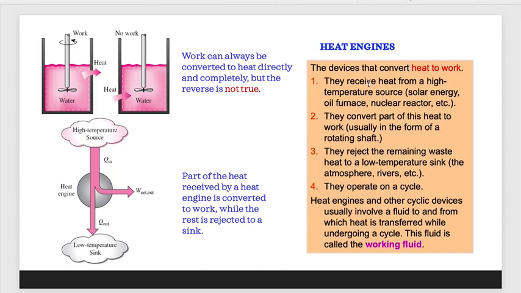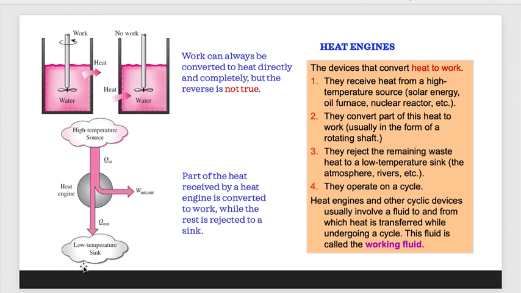They receive heat from a high temperature source such as solar energy, an oil furnace, a nuclear reactor, and so on. They convert part of this heat to work, usually in the form of a rotating shaft, and they reject the remaining waste heat to a low temperature sink, for example, the atmosphere, rivers, and so on.